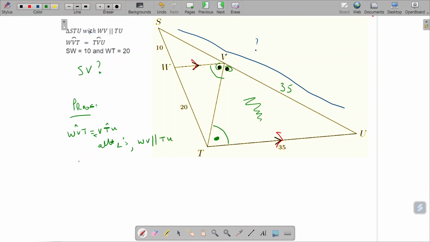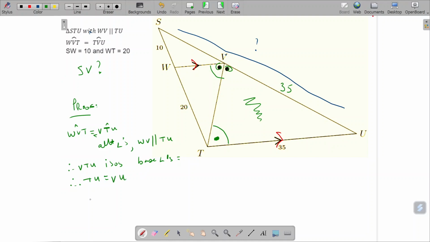We said that meant that therefore triangle VTU was isosceles with the two angles equal, base angles equal. And as a result, we said therefore that TU had to equal VU.